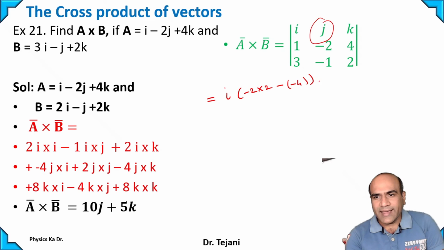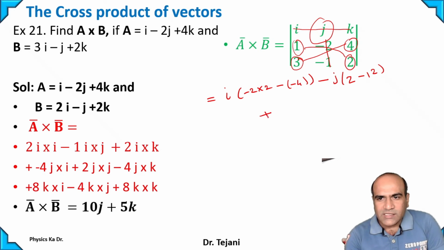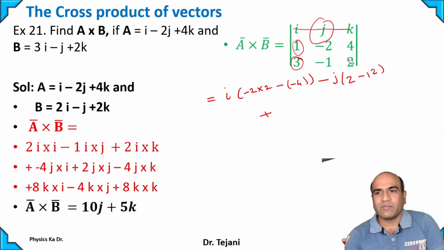So then next is minus j in bracket, hide this row and column, then multiply 1 with 2, so that gives us 2, minus multiply 3 with 4, so it becomes plus k.